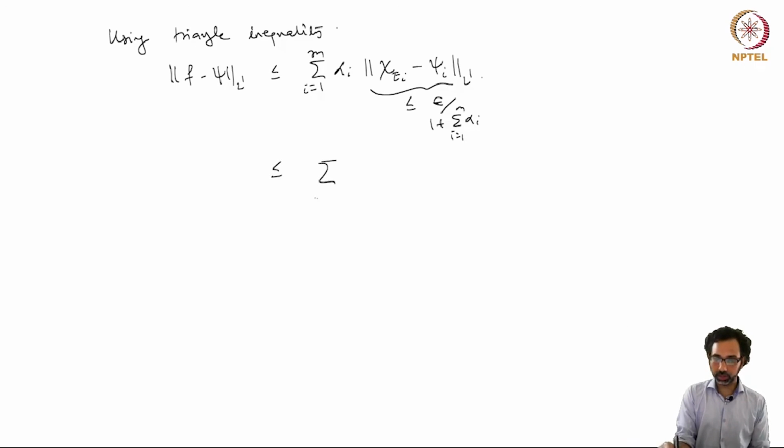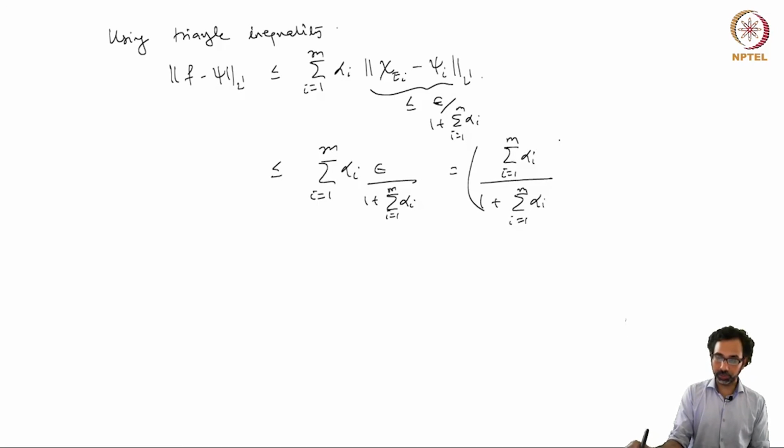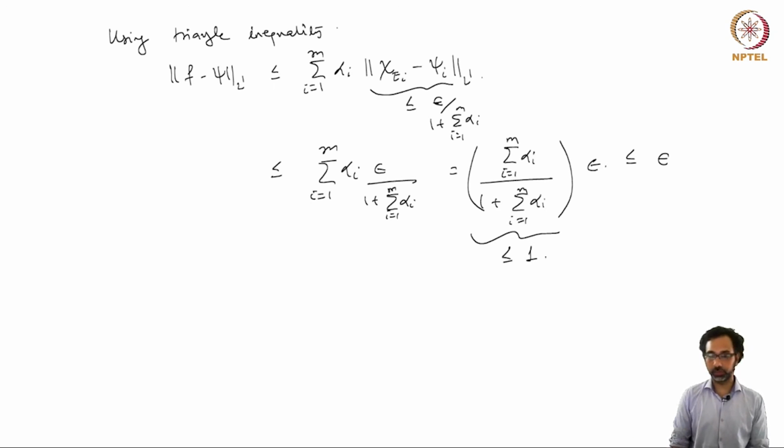So this is less than or equal to the sum i equal to 1 to m of alpha i times epsilon over 1 plus the summation i equal to 1 to m of alpha i. And now note that this is nothing but the summation of alpha i over 1 plus the same thing, and then epsilon, and this is less than or equal to epsilon because this whole fraction is less than or equal to 1.